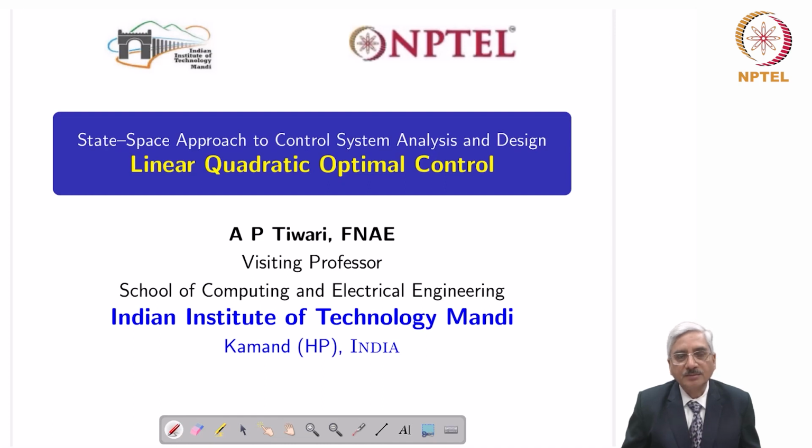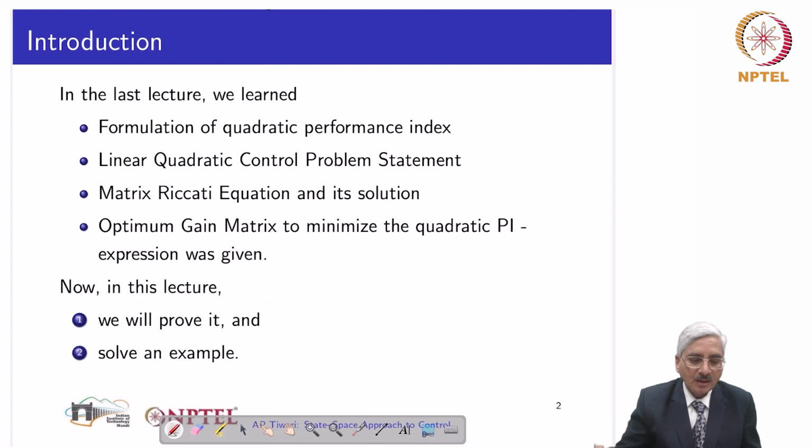We stated the problem. We were heading towards a solution, but we got the famous matrix Riccati equation, and we are yet to derive a proof for the control equation which we just stated in the last part of the lecture.